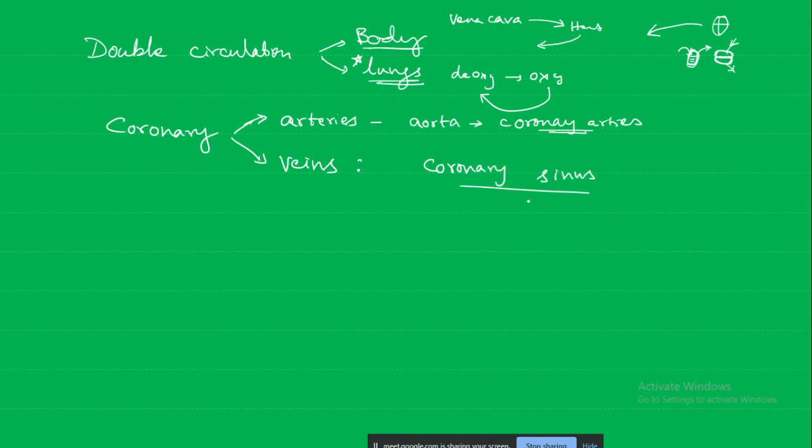This coronary sinus is a large vein, where many small veins come together and make one large vein, just like the superior vena cava. This large vein is going to open up into which chamber of the heart?